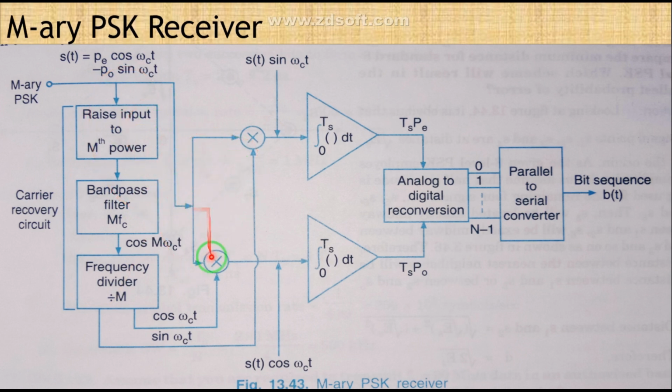Then the two different carriers are applied to your balanced modulators, and another input to these balanced modulators is definitely your M-ary PSK, whose output is given to the integrators, and the outputs of these integrators are given to the A to D converter, which converts your data digitally, and then you get your bit sequence by means of this parallel to serial converter.